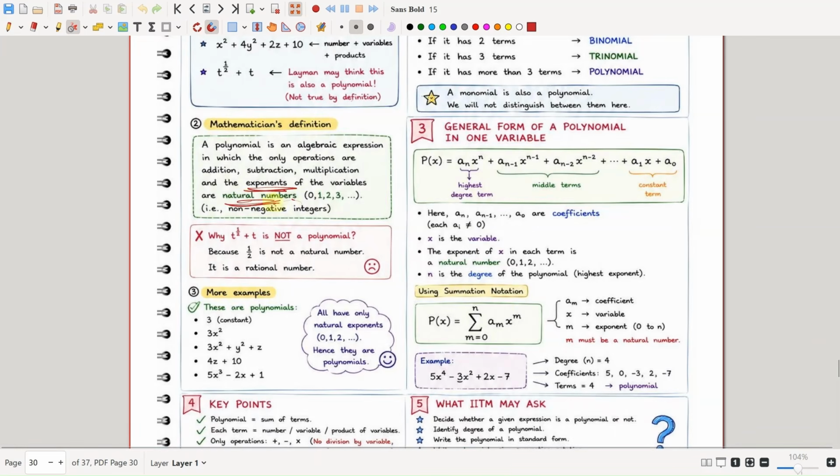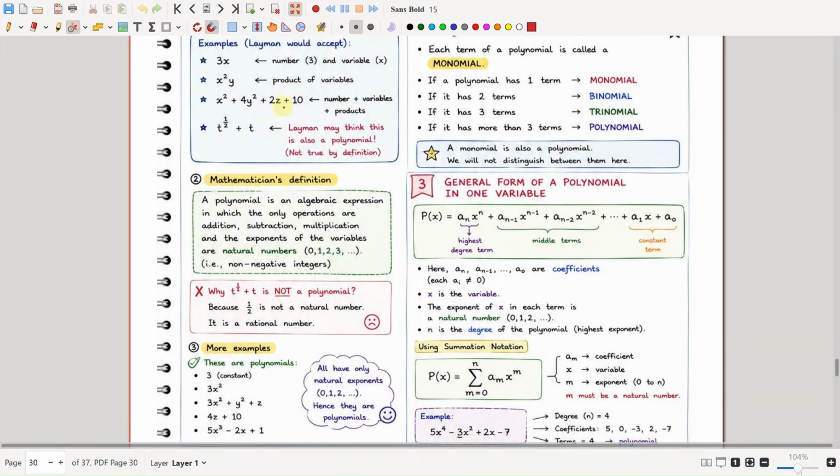So this one is not possible. According to a layman this is a polynomial, but the layman's approach had some limitations, so we improvised it so that the exponents should only be natural numbers. Since 1 by 2 is a rational number, the exponent is a rational number, which contradicts the mathematician's definition. So this one is not a polynomial, since the exponent is not a natural number.